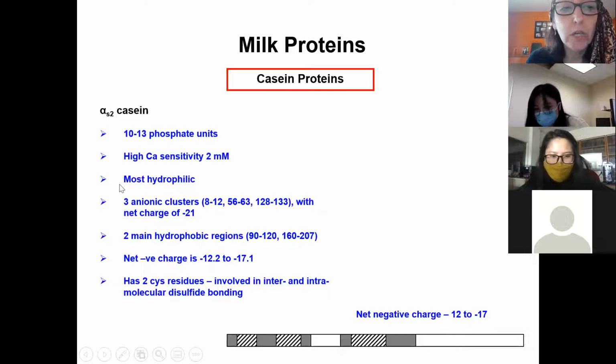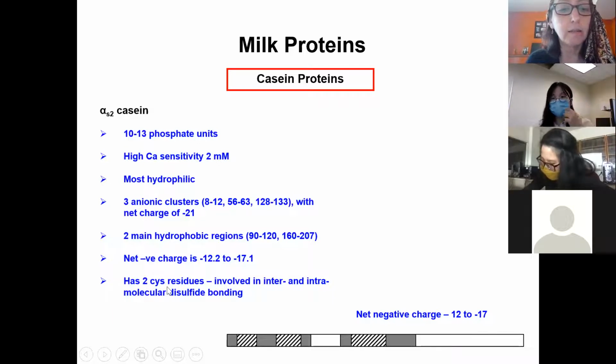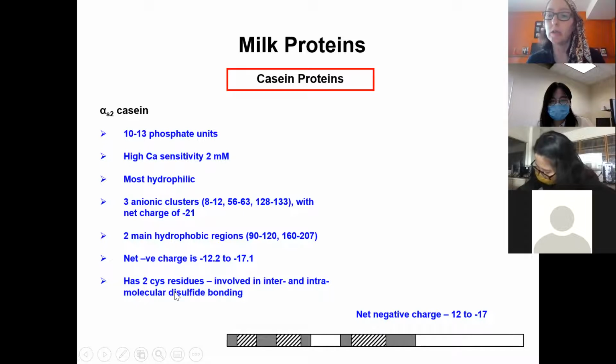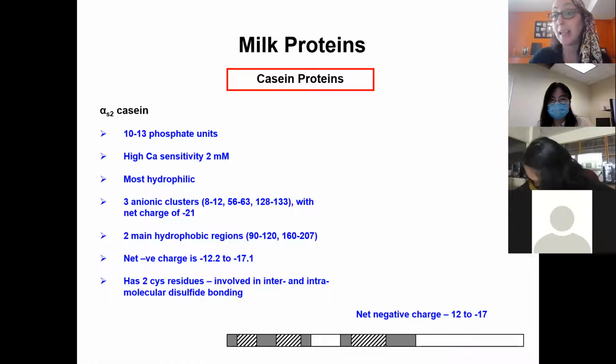So what's unique about alpha S2 compared to alpha S1 and beta casein is that it has one disulfide. It has two cysteine residues that are connected by disulfide linkages in the molecule, but they can take part in molecular interactions.